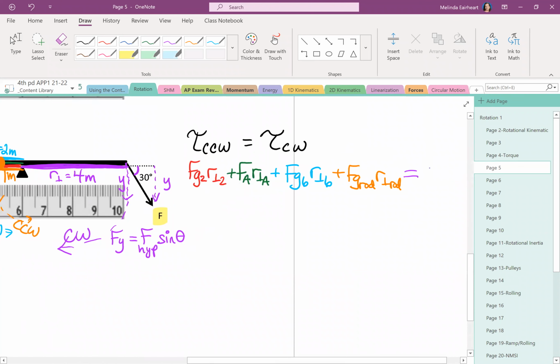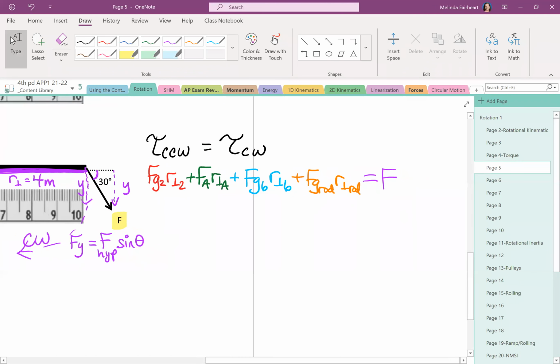All equals this new applied force, or a secondary applied force. That's what we're looking for. And remember, the actual force is a hypotenuse, but it's only the vertical component that leads to torque. And so I'm going to write F sine theta. So that's the component matching up with our horizontal lever arm, the R perp of whatever it is. Everyone good with setup?